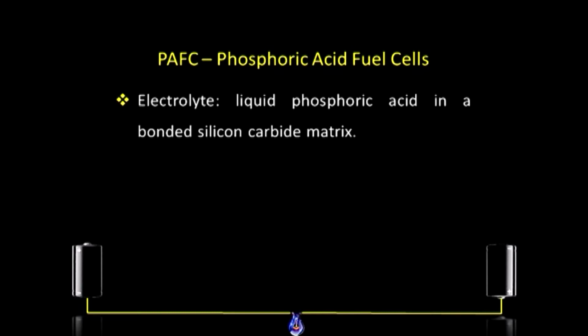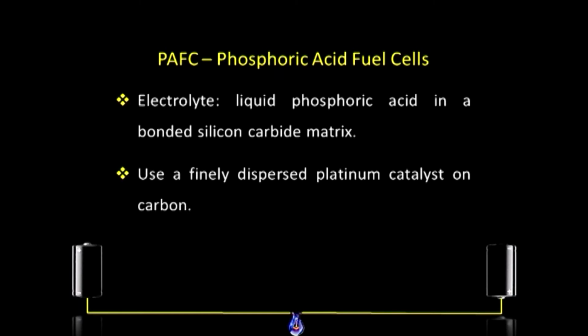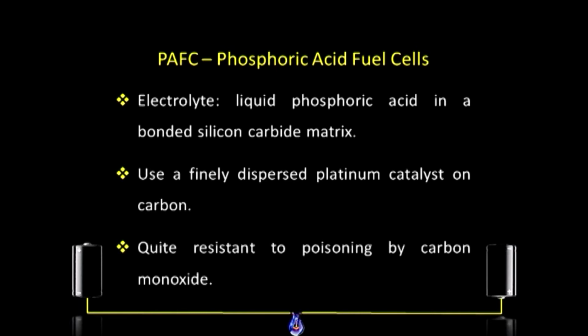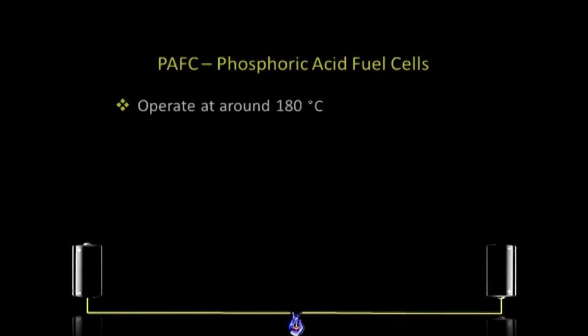Now the next type, that is the phosphoric acid fuel cell. As the name suggests, the electrolytic solution is phosphoric acid in a bonded silicon carbide matrix. These fuel cells use a finely dispersed platinum catalyst on carbon, and they are quite resistant to poisoning by carbon monoxide. They operate at around 180 degrees Celsius.